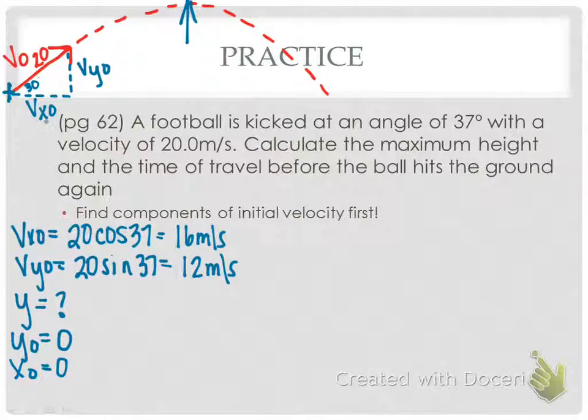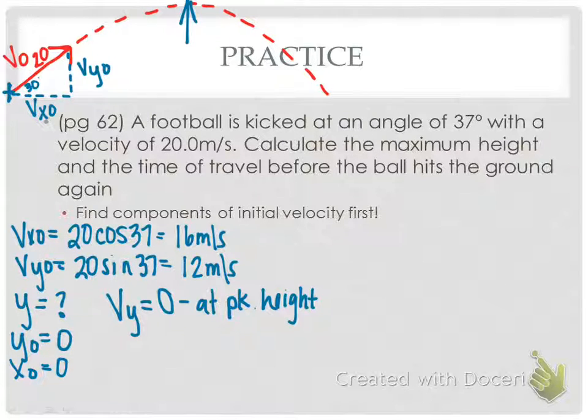All right, so let's take a look at our equations. Can we solve using what we have here? Can we solve for y? I think we probably can. At peak height, what do we know about final vertical velocity? 0. Okay, that's at peak height, which is what we're looking at right now.